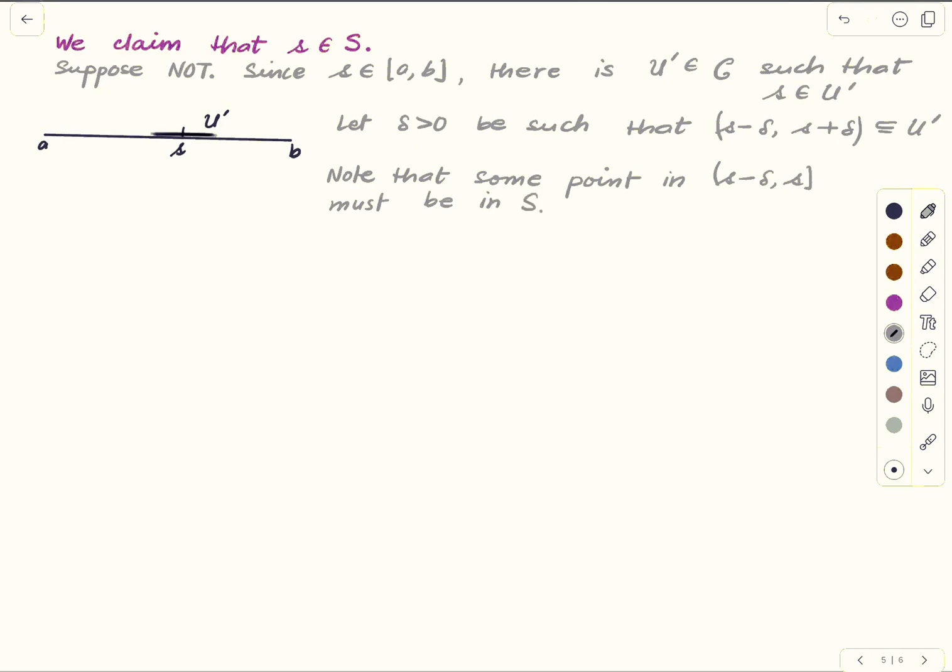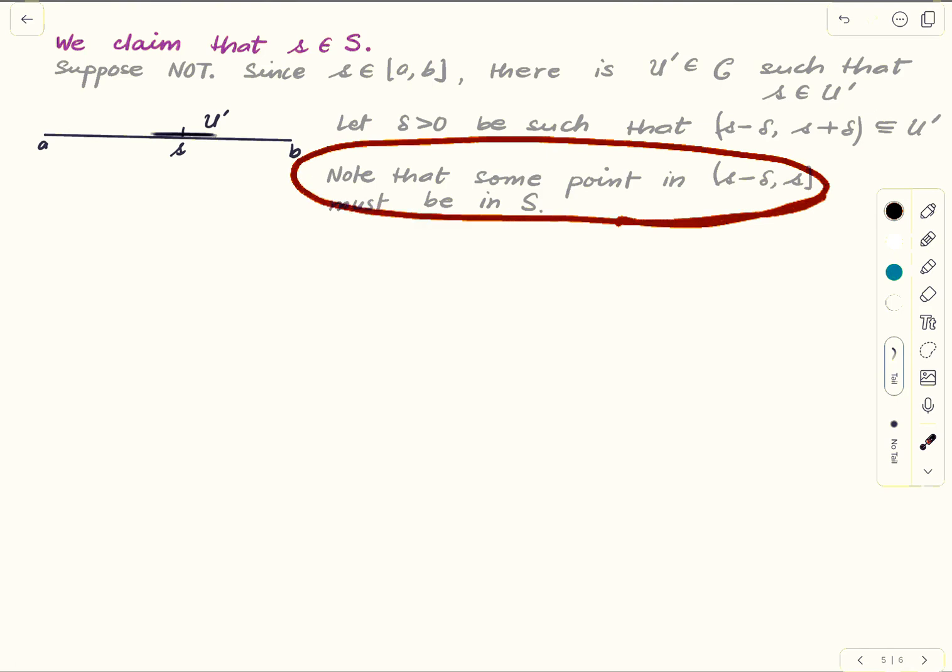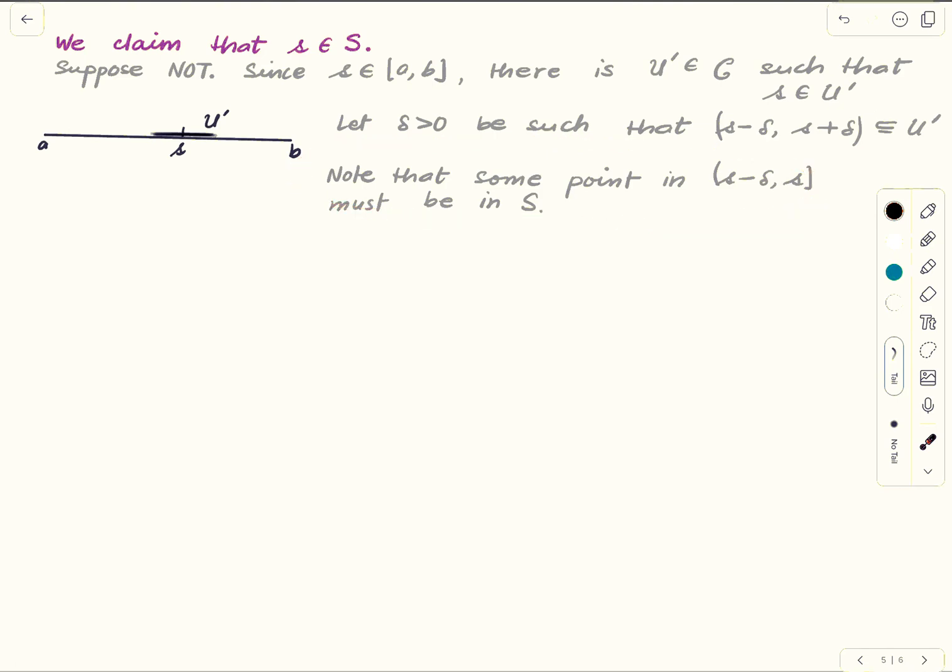Right? Because if that were not the case, if no point here were in S, then every element of S would be smaller than s minus delta. And therefore the supremum of S would be strictly smaller than s. So the reason why this is true is because the supremum of S is little s.